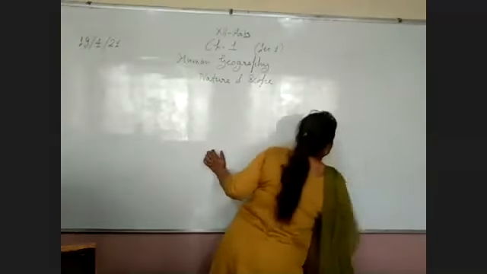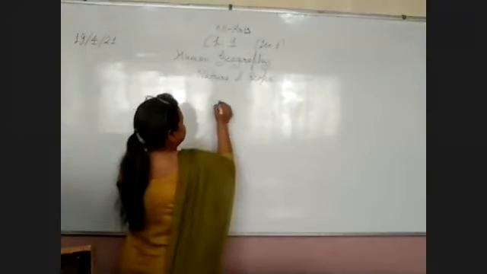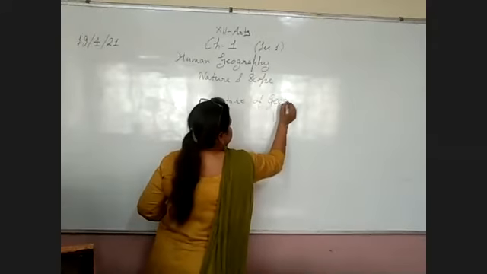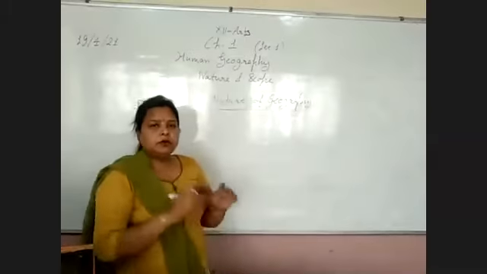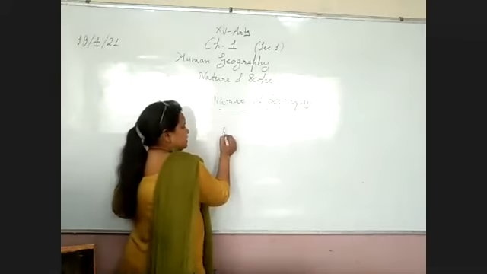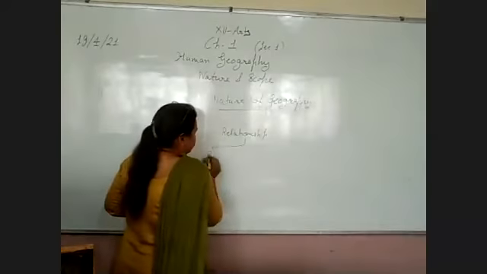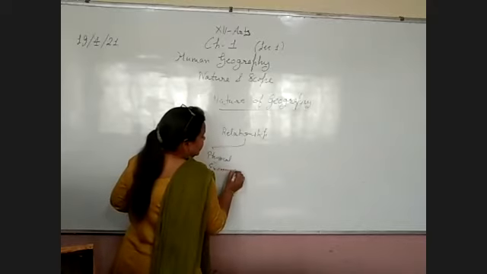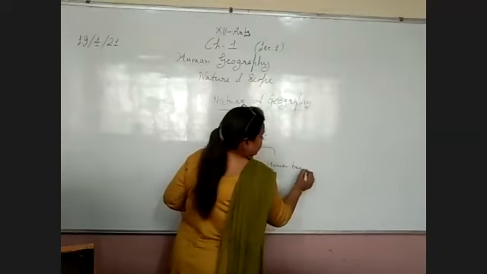So the next question is nature of geography. अभी आपने देखा कि जो हमने तीनों डेफिनेशन देखी उसमें एक चीज कॉमन थी, दैट वाज द रिलेशनशिप बिटवीन फिजिकल एनवायरनमेंट एंड ह्यूमन बीइंग्स, right?